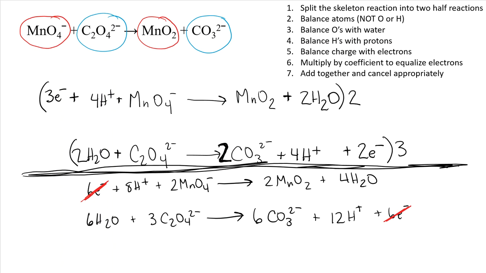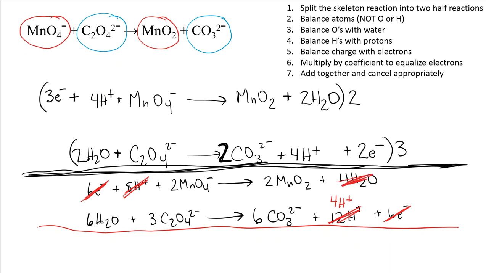So now we're going to smash them together, add them together Hess's law style, and see what our overall equation then is. So we can cancel out what is both a reactant and a product, which is exactly what we did with our electrons. We have 8 protons here, so then that's going to drop that down to 4 protons here. We have 6 waters, 4 waters goes away, and this becomes 2 waters.